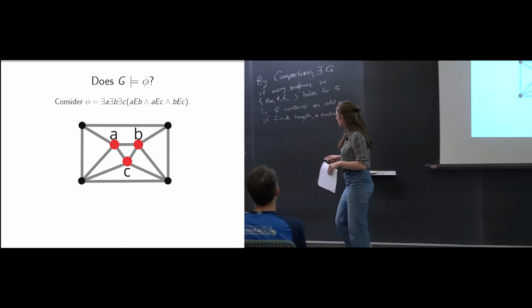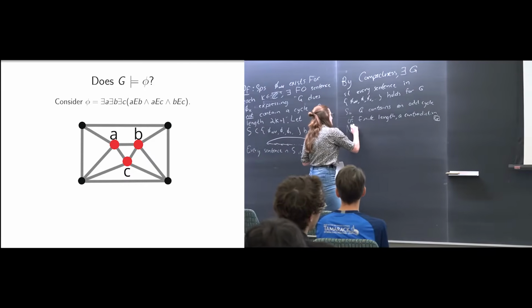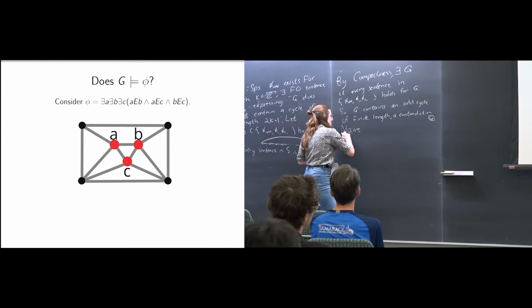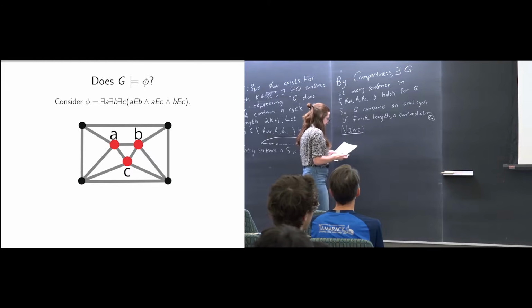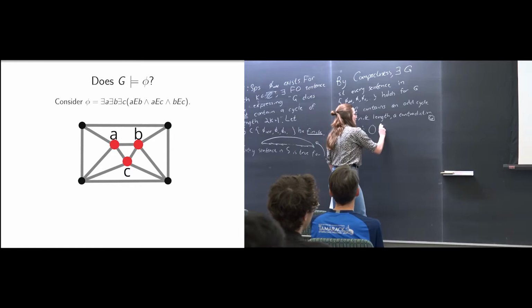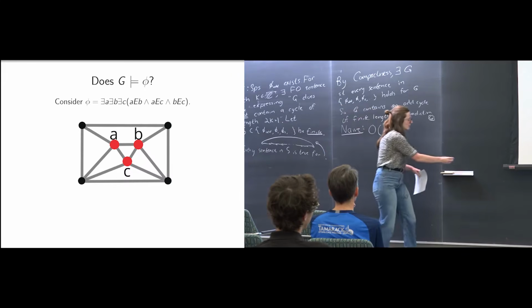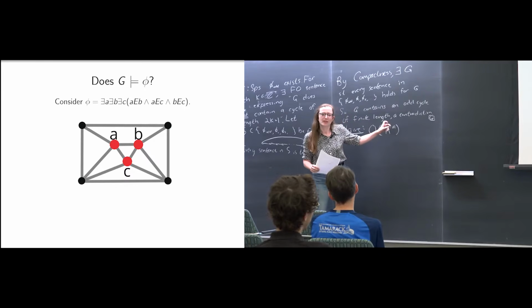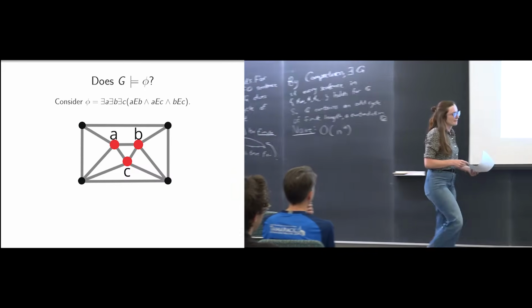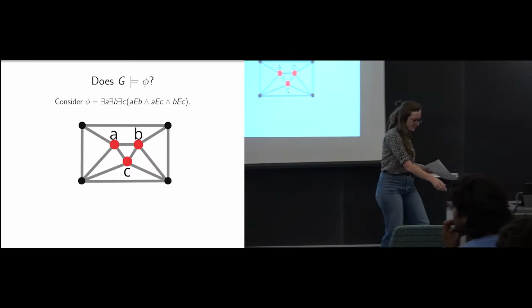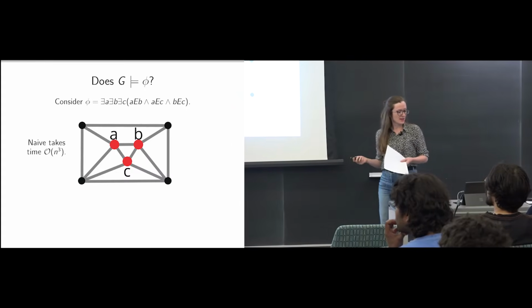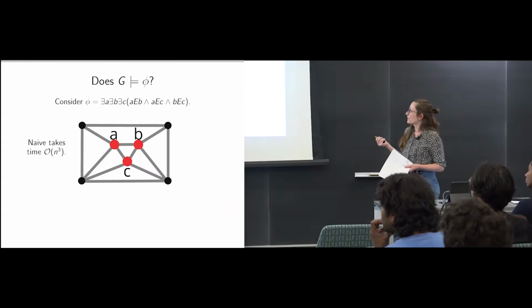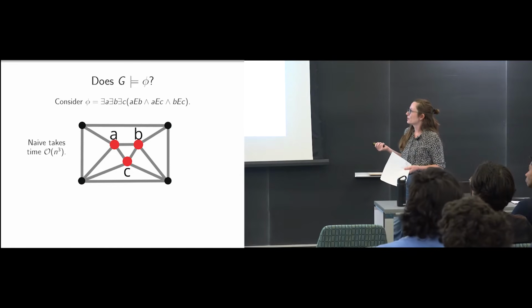So in general, the naive algorithm runs in time order n, the number of vertices, to the length of the sentence. Or really, you can do a bit better because the running time is more about the quantifier depth, but I don't want to get into that. All right, so we can check for a triangle in time n cubed.